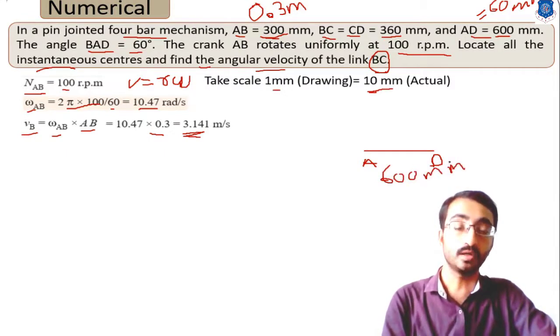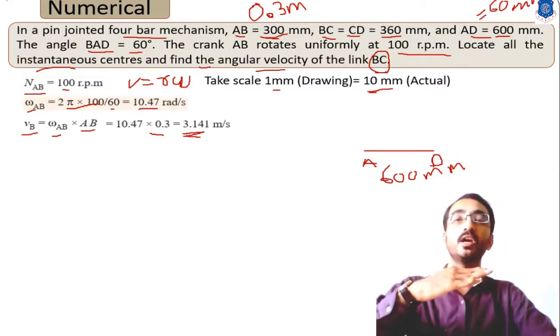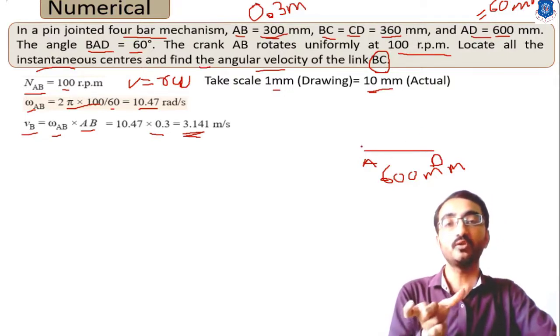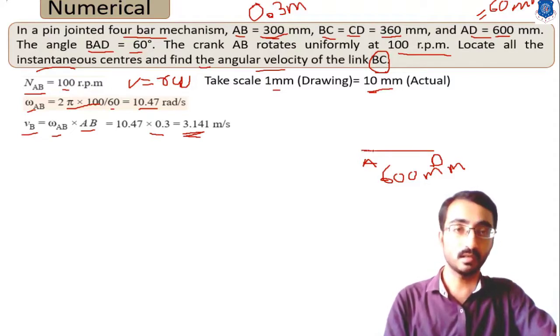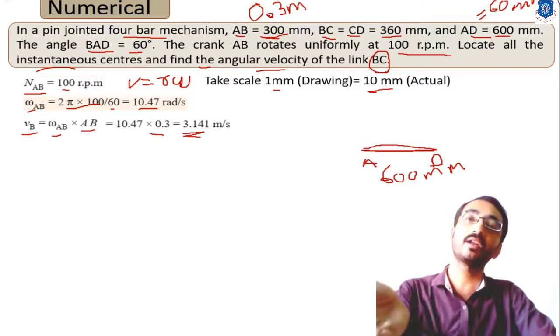Be careful over here: while writing the dimensions on your drawing, you have to write the original dimension, but while sketching you have to use the scale. So the drawing length of this line is 60 mm, but we represent it as 600 mm, that is the actual length.